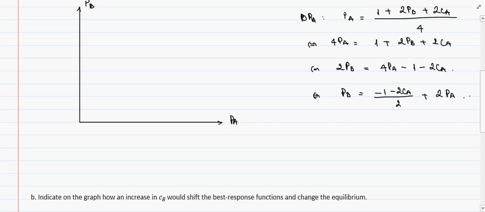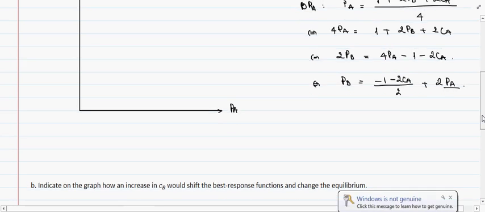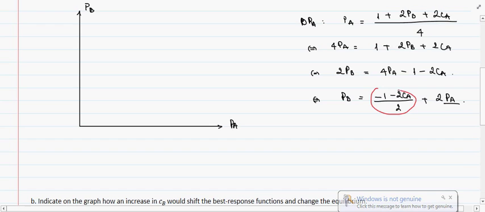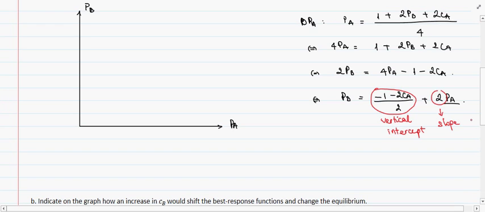As you can see now, I got PB as the subject, the vertical variable, and PA as the horizontal variable. So the constant over here is going to be the vertical intercept, and the coefficient in front of PA is going to be the slope of the line.